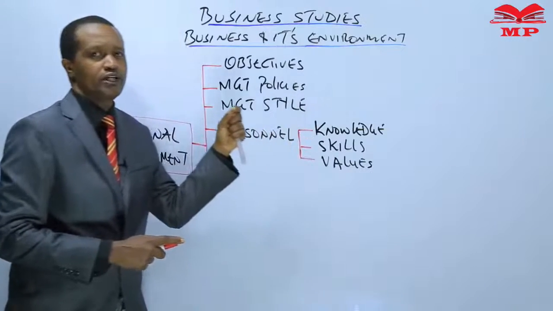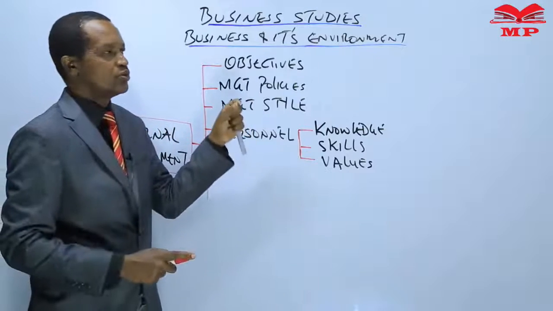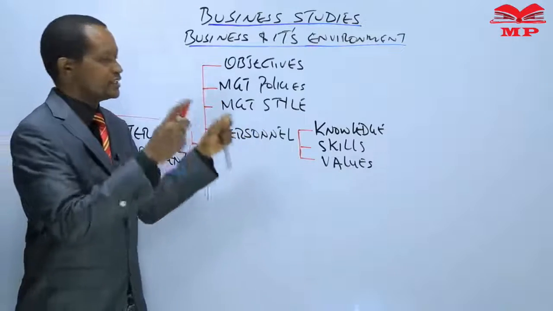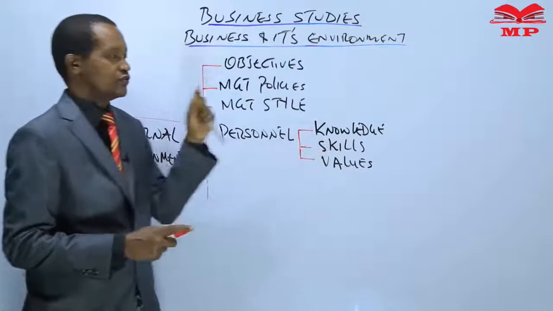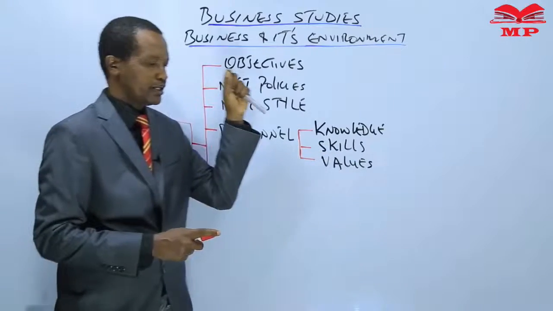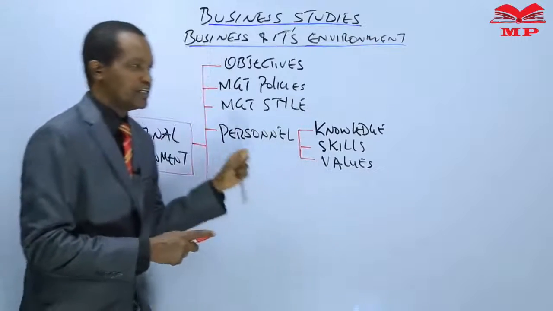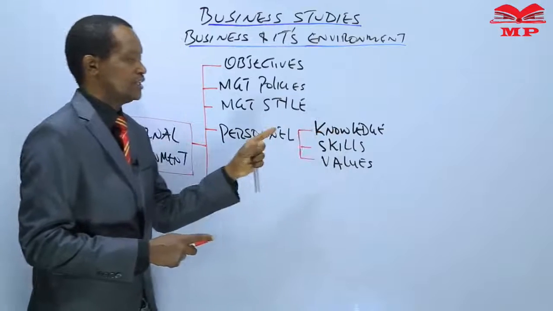It is important for management to ensure that the people who are hired to work for the business have the necessary knowledge and the necessary skills for their jobs. If you want to hire an accountant, for example, then the accountant must have the accounting skills. He must have the knowledge and the skills.